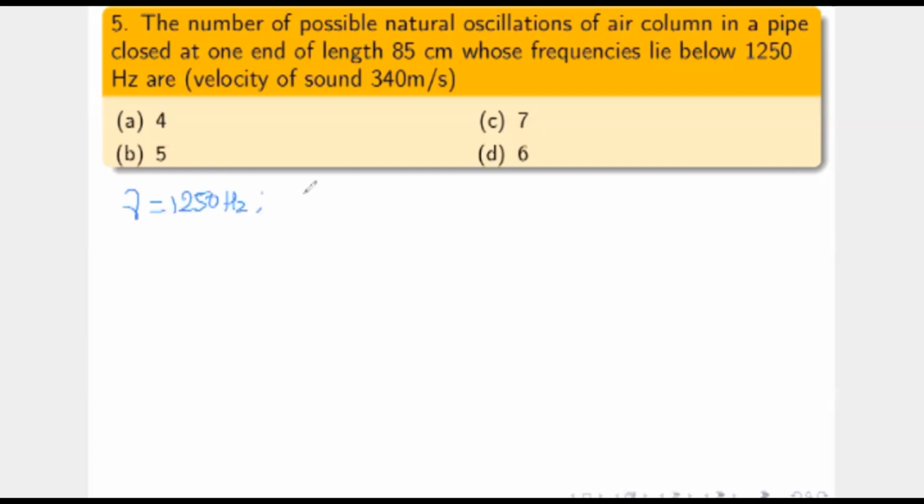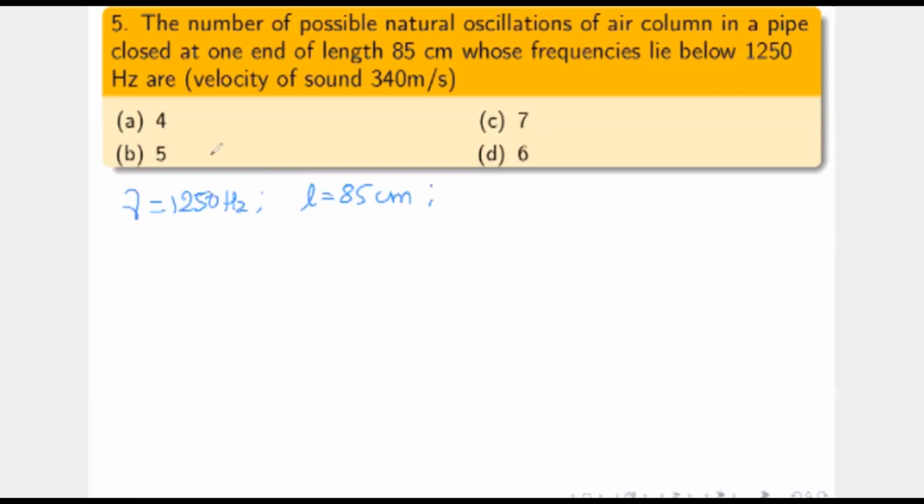Now we shall calculate the number of possible natural oscillations in a length of 85 centimeters. So the length of the column is 85 centimeters. How many oscillations are possible in this length 85 with a maximum frequency of 1250 Hertz? That's the question. And the velocity of sound is given.